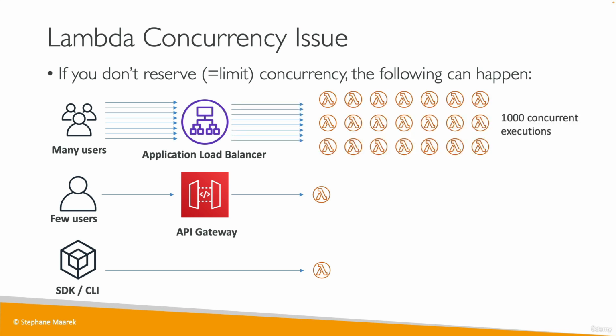The few users on the API Gateway are going to be throttled, and the users of the SDK or CLI also will be throttled. So if you don't reserve concurrency, this can happen. Therefore, you would reserve concurrency for the API Gateway and reserve concurrency for the SDK, so that you would not run into this issue, because there will be a minimum number of Lambda functions that can run for your API Gateway and so on.